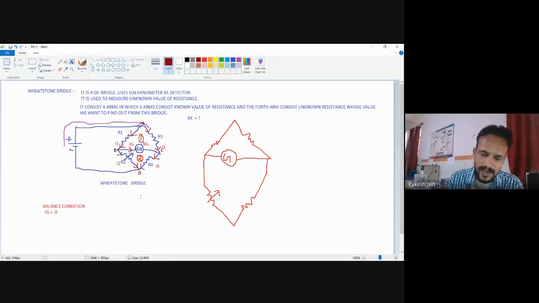Balance condition is that the voltage potential at the B terminal and the C terminal are equal. If both terminals are at equal voltages, we know that the current value is zero. So the galvanometer current is zero.